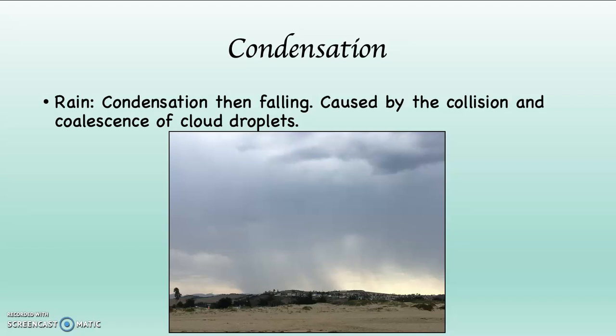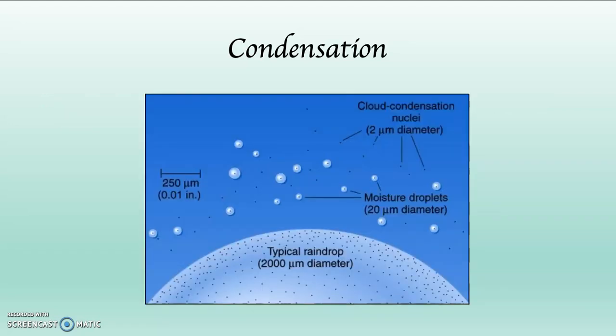So in other words, what's going to happen is tiny droplets of water are going to bump into each other in the cloud. As they do, they're going to grow in size. Eventually, they get so large that they fall to the ground. If you look at this diagram, you can see that the little black dots represent condensation nuclei, extremely small.